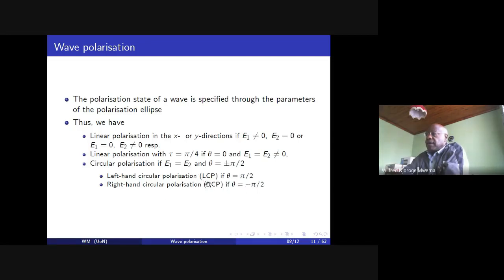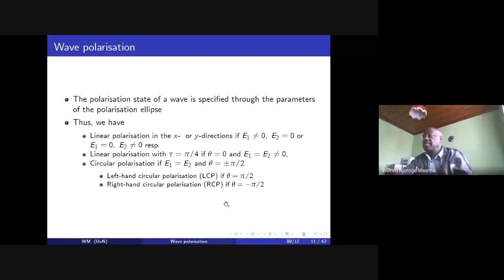By left-hand and right-hand circular polarization, we look at how the vector is rotating in space or in the plane as time progresses. If it goes anti-clockwise, it will be called right-hand circular polarization. If it goes clockwise, it will be called left-hand circular polarization.